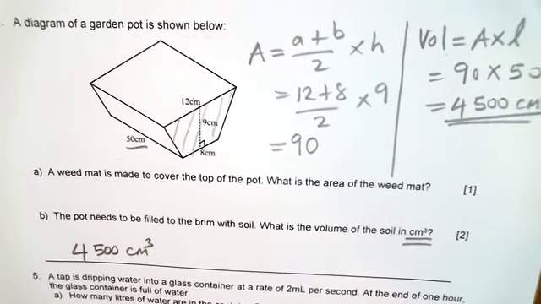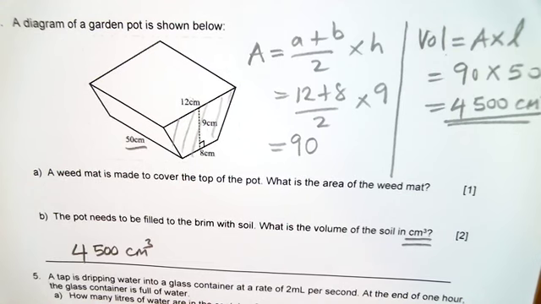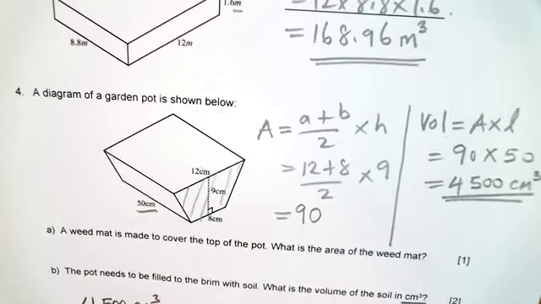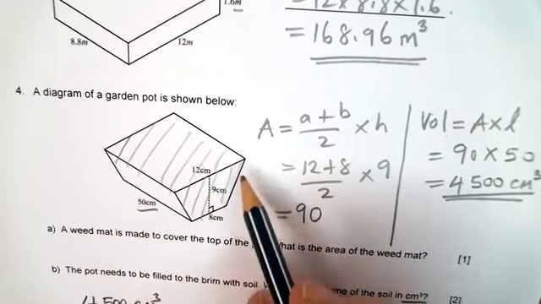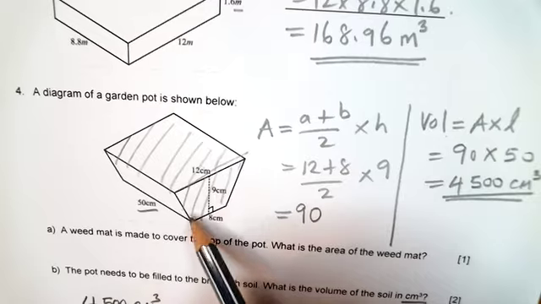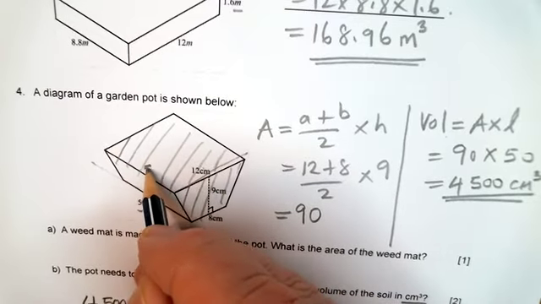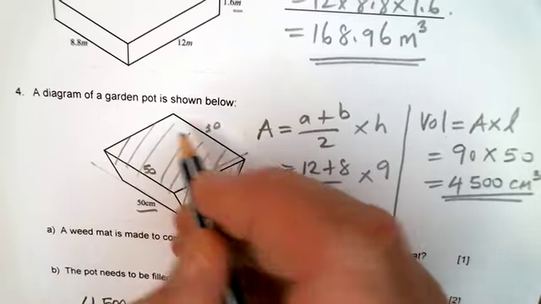Good. The weed mat is made to cover the top of the pot. What's the area of the weed mat? Well, the top of the pot is presumably this bit up top here. And that's going to be 12 by 50, because this bit is also 50. This is also 12.